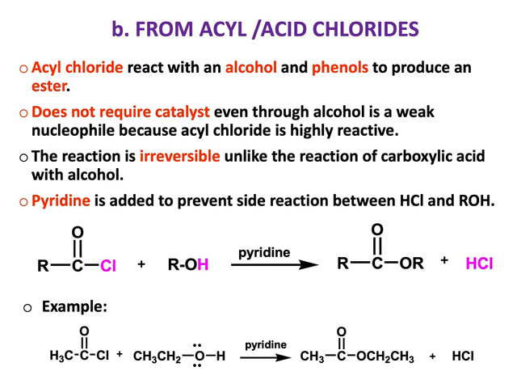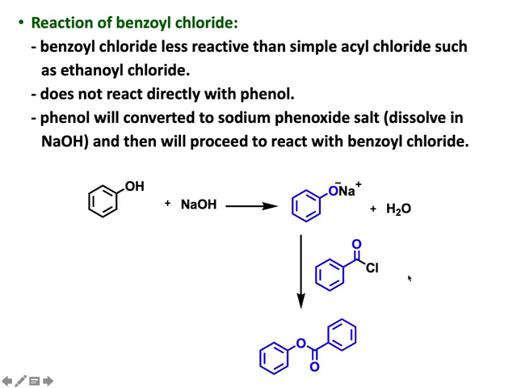Okay, for B, it is from acyl or acid chloride. This acyl chloride reacts with alcohol or phenol in pyridine to form ester. For the reaction with benzoyl chloride, benzoyl chloride is less reactive.